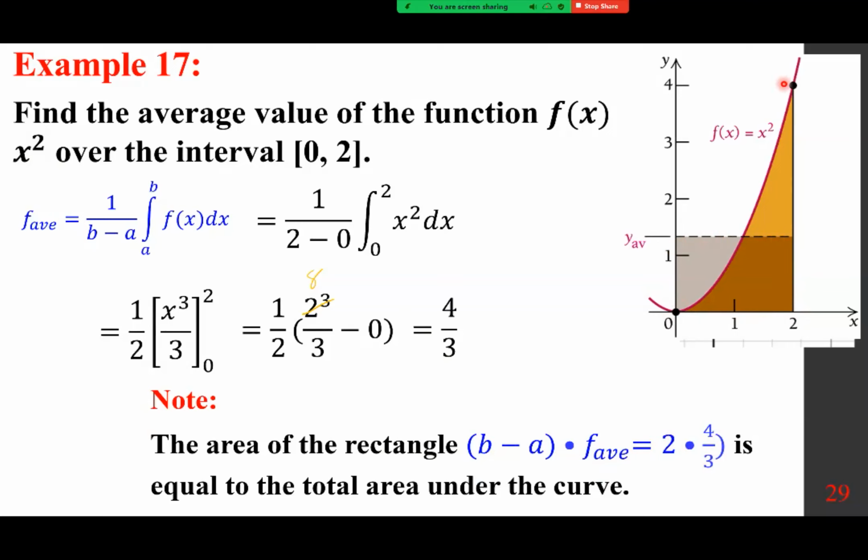The area under the curve is also 8/3. If we are interested in finding at what point this is the case, then all you have to do, say x squared equals 4/3 and so on.